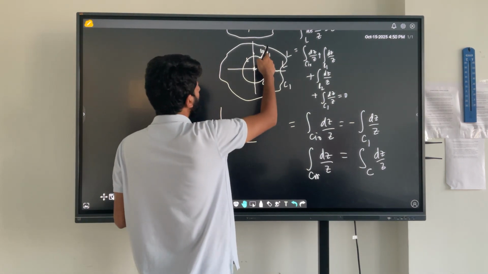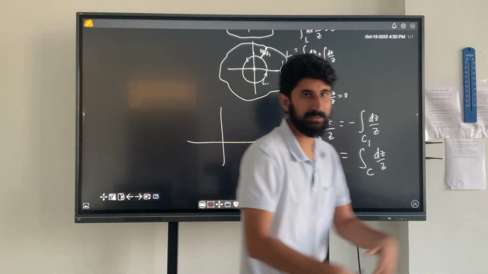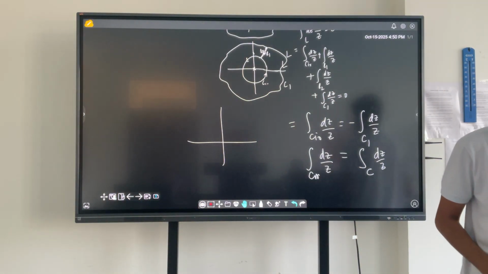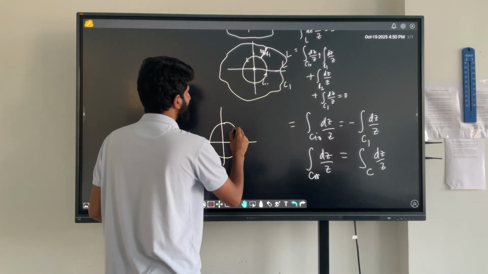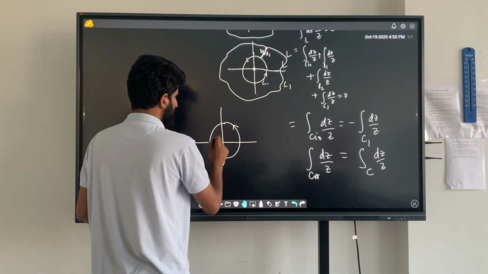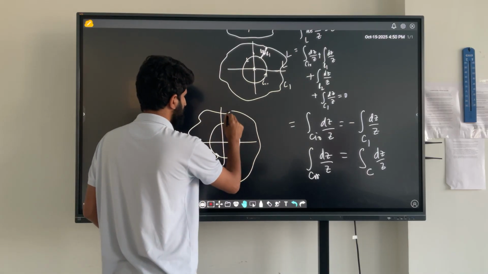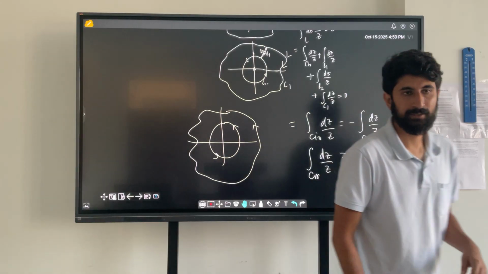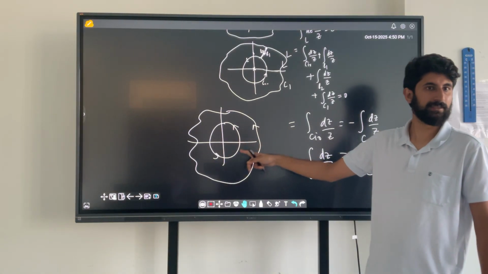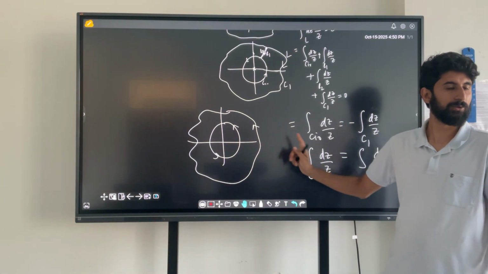So I can just drop this L1 and L2, right? Because they cancel. I hope this works. Yeah, it does. Good. And then there is this weird curve, but I have to go clockwise, same direction. Then integral over the circle is the same as integral over this loop.